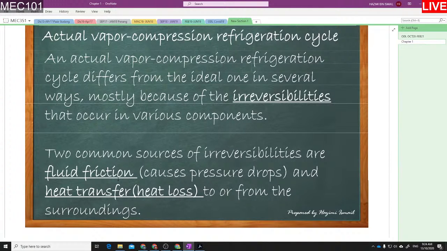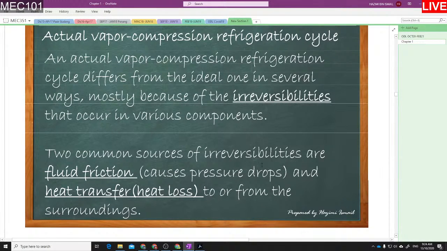Mesti ada fluid friction antara pipe and the refrigerant. Pressure akan drop. Kalau makin panjang pipe tu, makin banyaklah drop dia. Okay, tu sebenarnya kita kena consider. But for the ideal system, we ignore it.